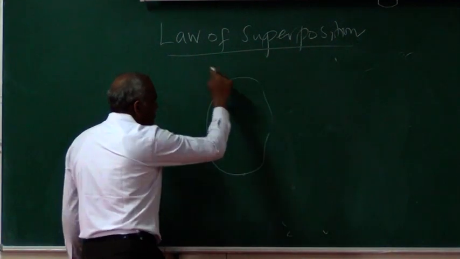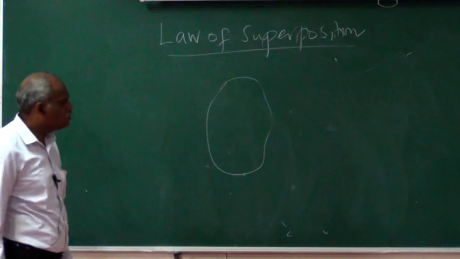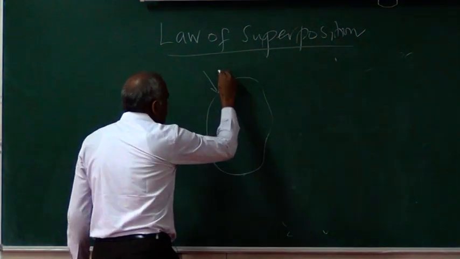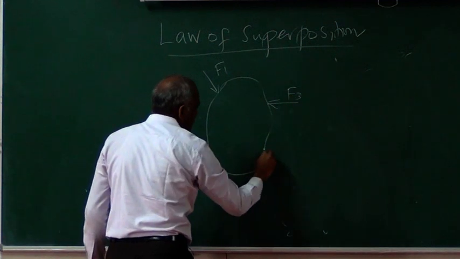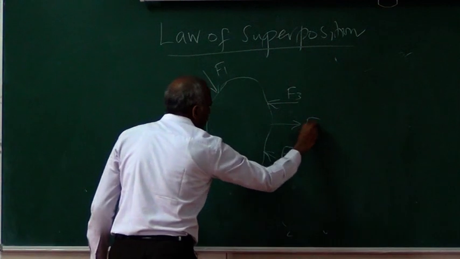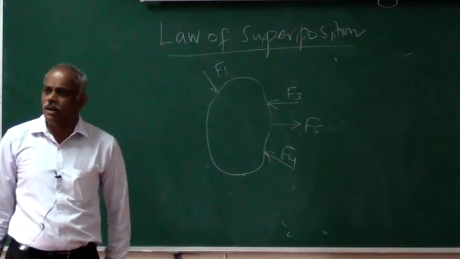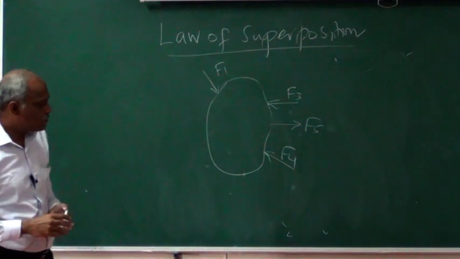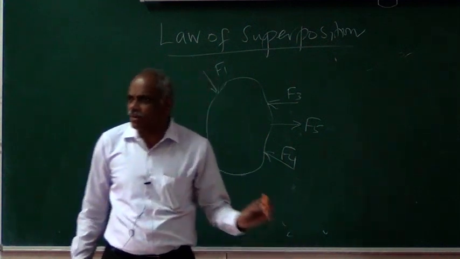If I have a body on which there is a system of force which is acting, for example F2, F3, F4, F5, like that. Already a system of forces are acting and it has some effect.